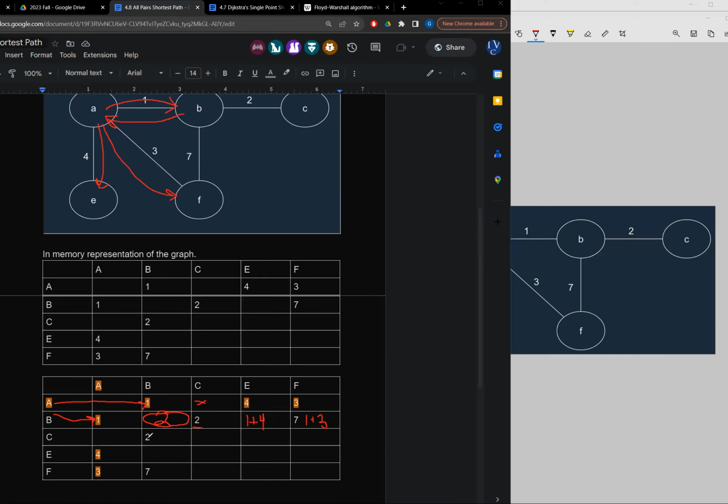Do the same thing for this row. Can't get to A, C. Can't get to A. So there's nothing we can do to improve this row. So next up, E here. E is going to see where can we get to.